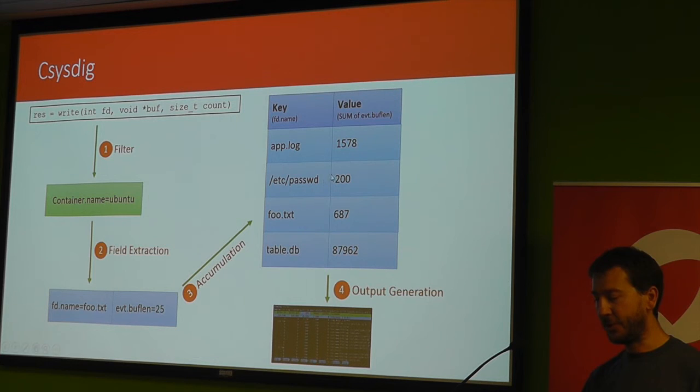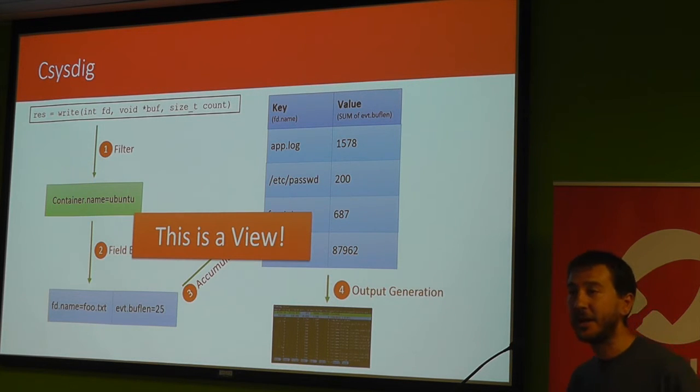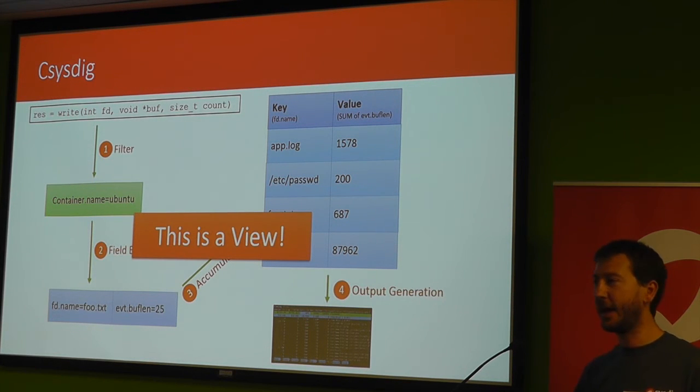And then you can tell the tool, okay, I want the first field to be the key on the table, and I want the second field to be aggregated with an operation of sum, so that each time there's an event for the key, sum the value. And then essentially every X seconds, for example, every 2 seconds by default, everything is dumped to screen, and then you clean the table and you start again. So this is essentially a Sysdig view. Very straightforward in concept.